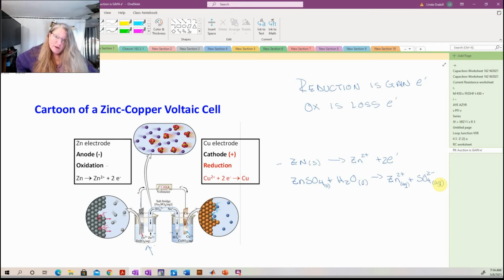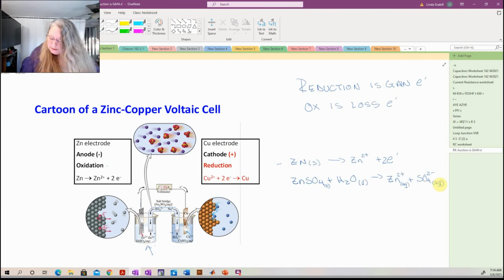It turns out that zinc likes to be oxidized. Likes is the wrong word. It's more energetically favorable for it to be oxidized. How about that? And what does that mean?